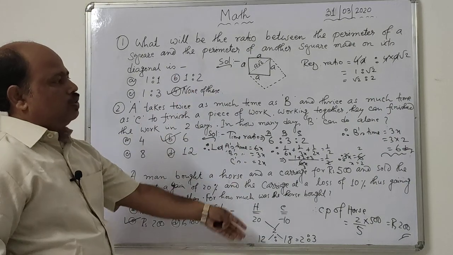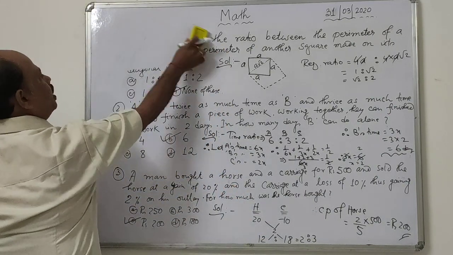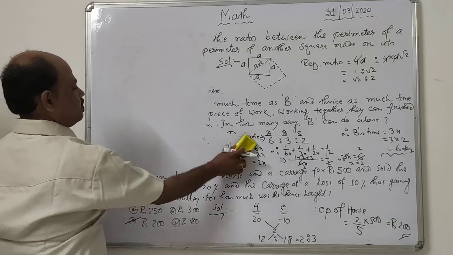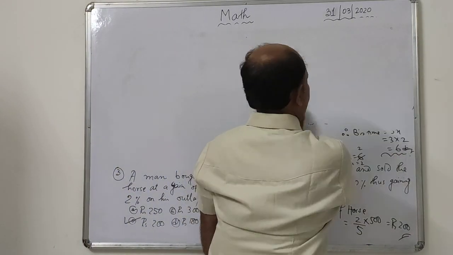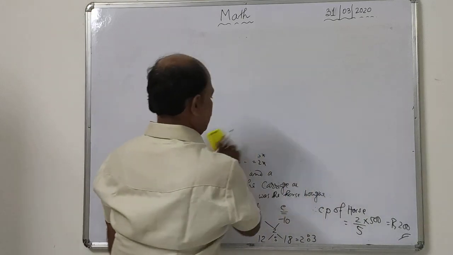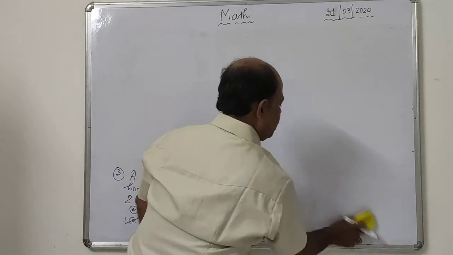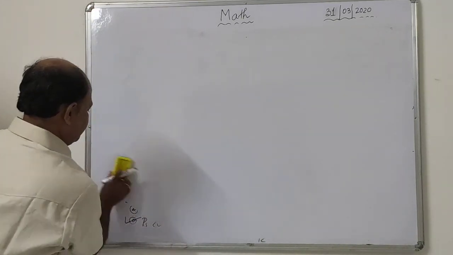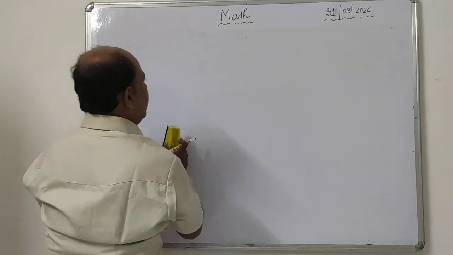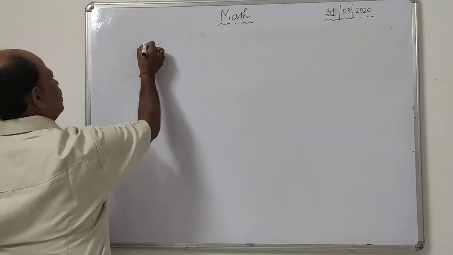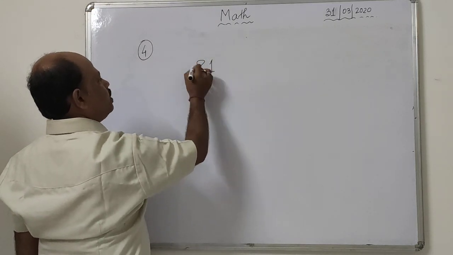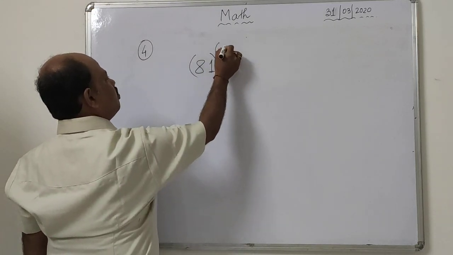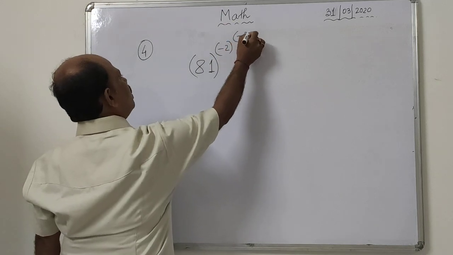So, after already seeing 3 questions, question number 4. What is question number 4? Look, you have to find 81 to the power minus 2 to the power minus 2.